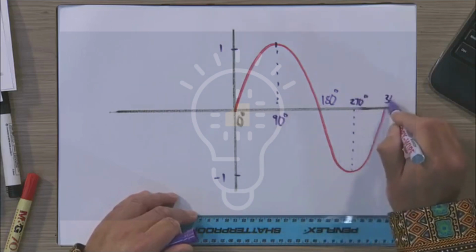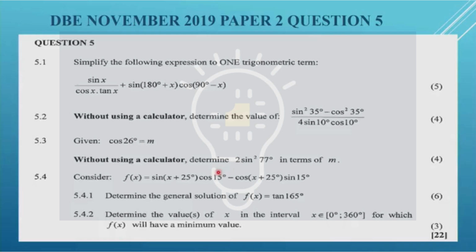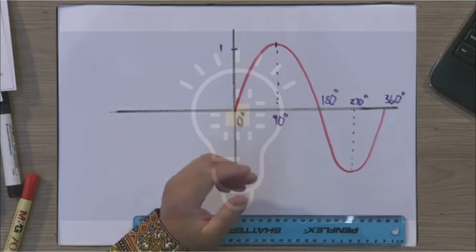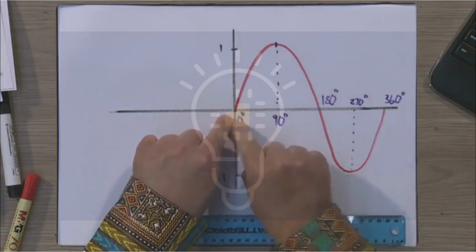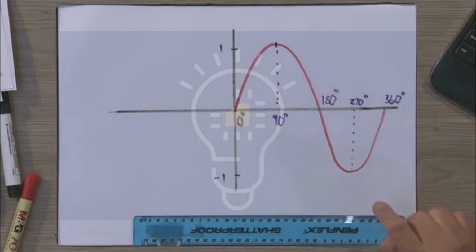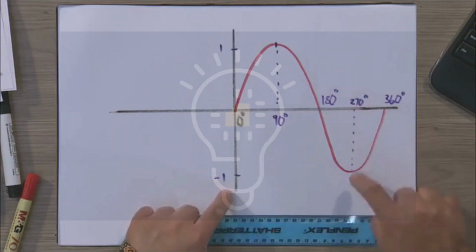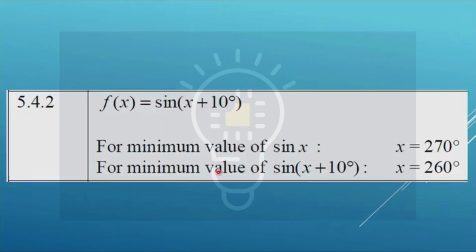And that's 360 degrees. The question says, determine the value or values of x in the interval for which that will have a minimum value. Notice I am given a domain of 0 degrees to 360 degrees, so I'm not concerned about this side of the graph. Well, that's very easy. I am told here that the minimum value at 270 degrees is minus 1. So, with this understanding in mind, notice how we solve this. F of x is equal to sine x plus 10 degrees.